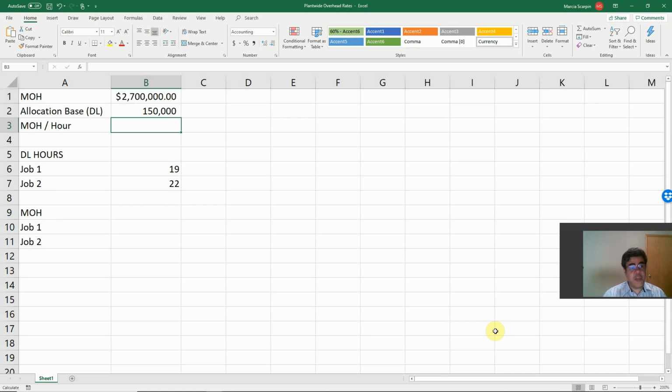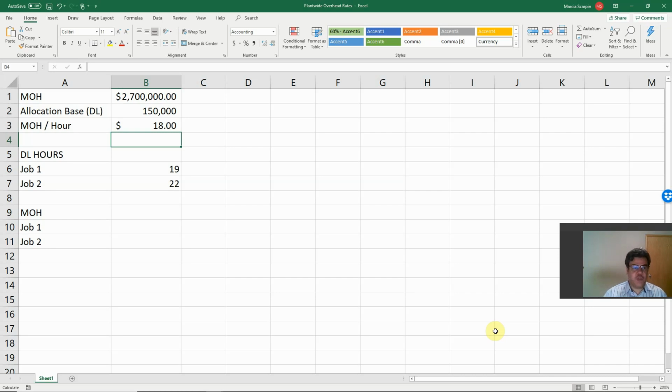So our step 3 here, manufacturing overhead divided by number of hours. So 2.7 million divided by 150,000. So our manufacturing overhead cost per hour is $18.